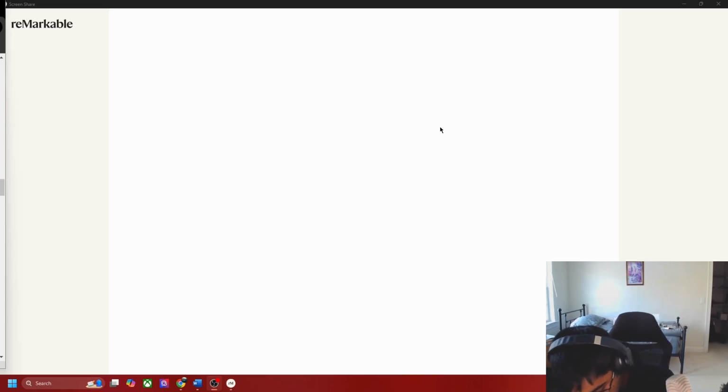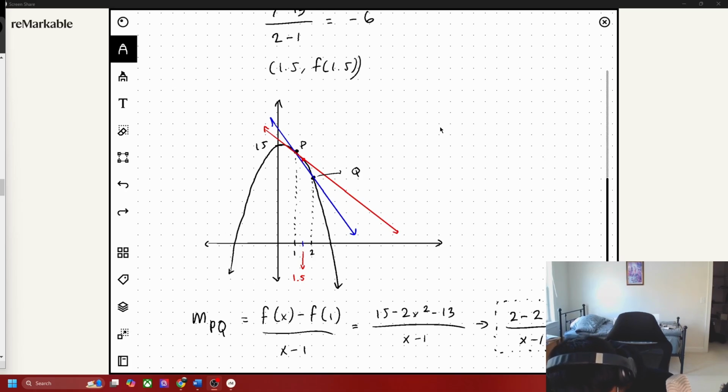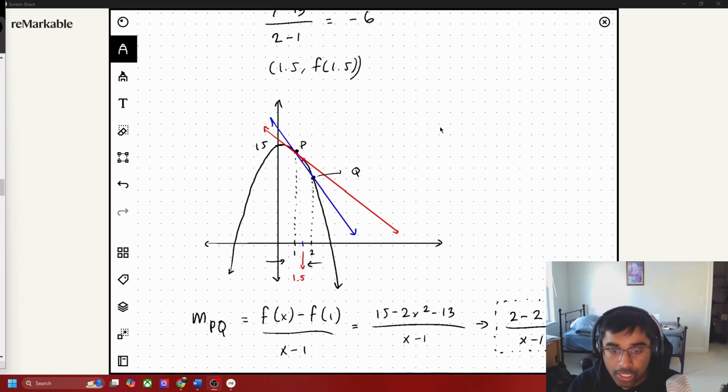I'll go back to my main graph here. You can see from this side, as we approach 1, we are getting closer and closer to the slope of negative 4. And as we come from this side, we're also getting closer to negative 4, as inferred by our table.